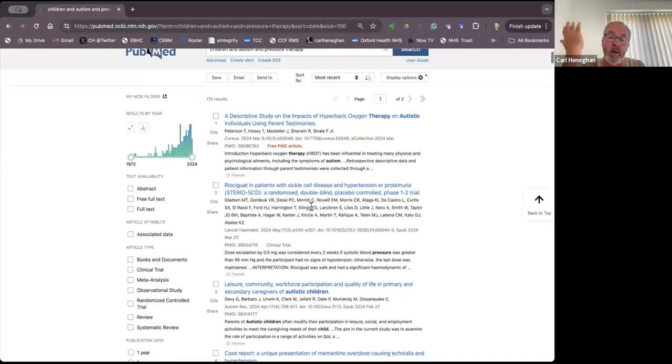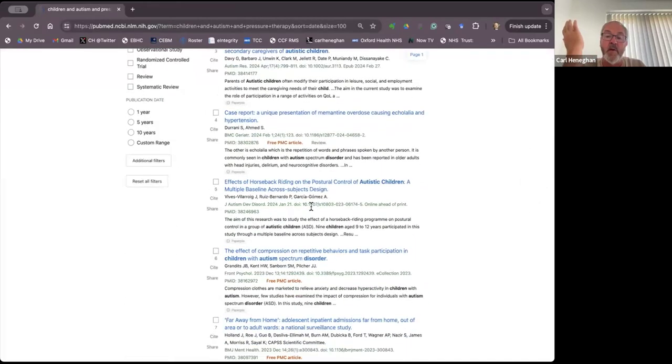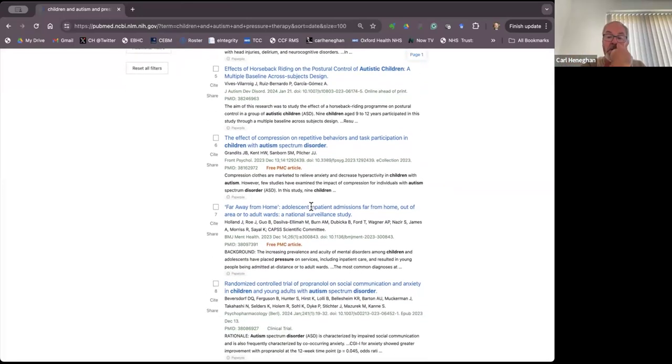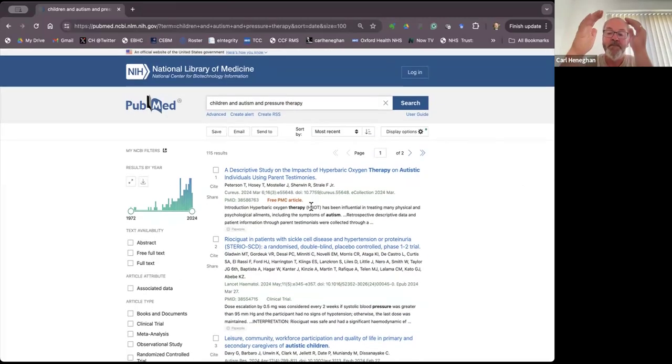Now, you can look at what pressure therapy is. That might be something. Deep pressure is the opposite, I assume, of pressure therapy. Or I don't know, but if you're in a brand new area, you're in the epidemiology of discovery. That's different to the epidemiology of decision making, where we're saying, what are the established treatments for autism?